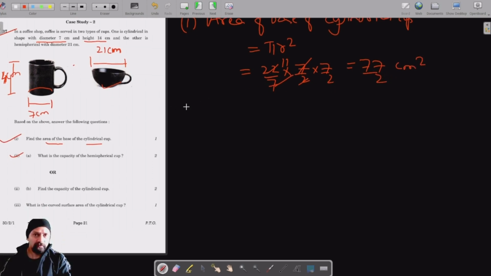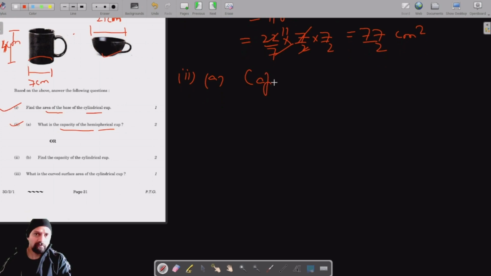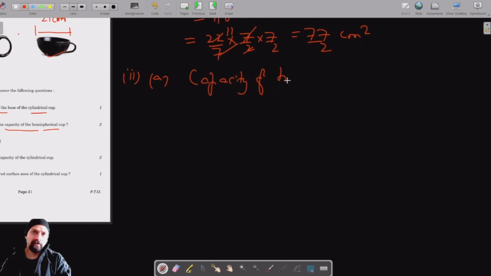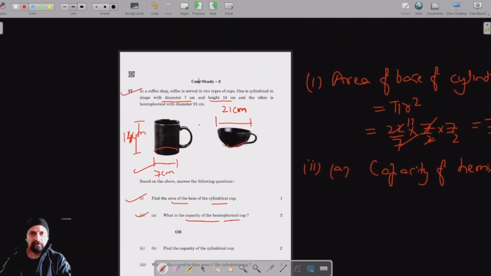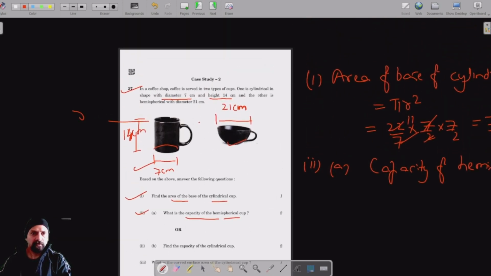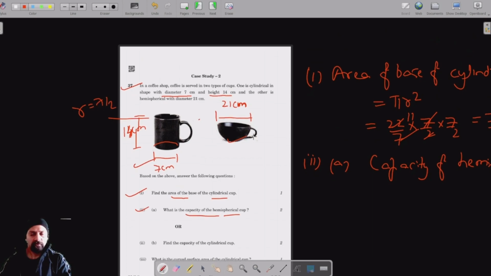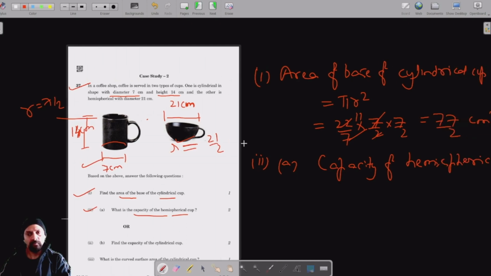First one is done. Second, part A, we'll find the capacity, that is the volume. This is the capacity of the hemispherical cup. This one has radius 7 by 2, and this one has the radius 21 by 2.